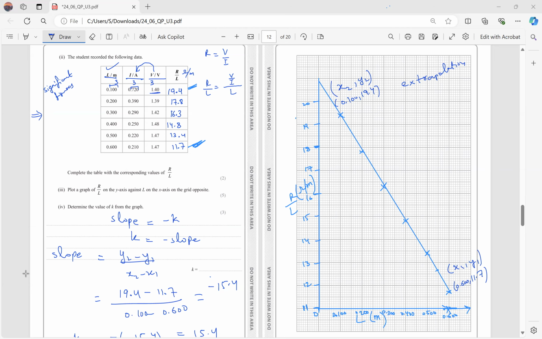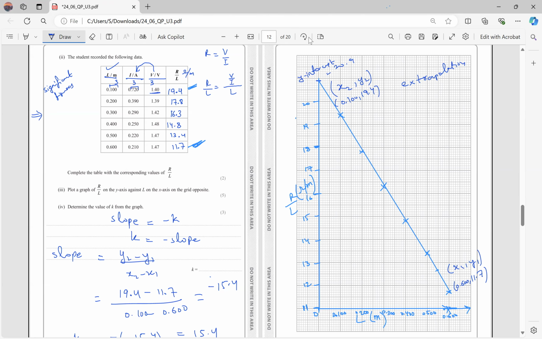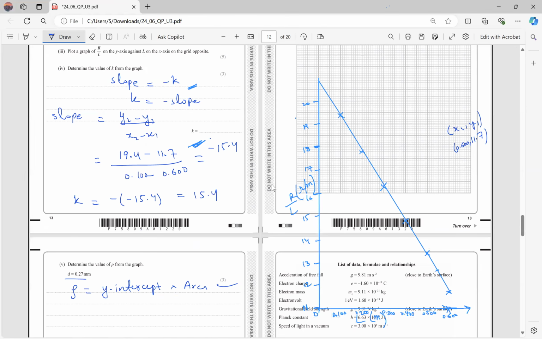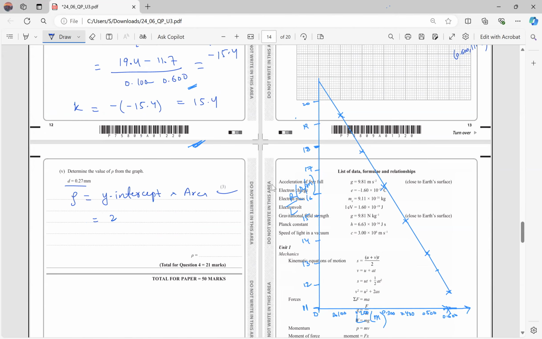So let's just label this point. This is the y-intercept. It is 20.9. So we mentioned that down below. The y-intercept is 20.9.